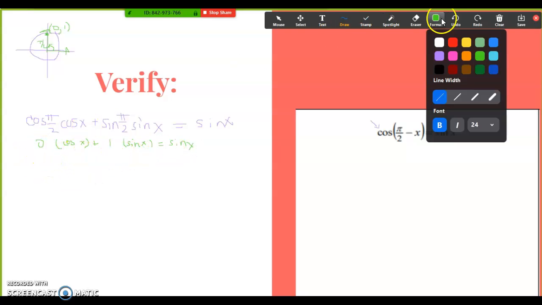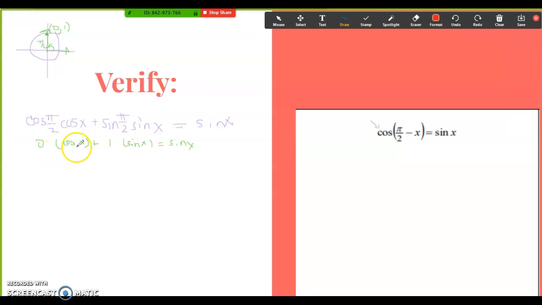So if I simplify this, 0 times anything is going to be 0. So this is just a 0. And then I would have plus 1 times sine of x. Well, that's just sine of x. And of course, I would end up with sine of x equaling sine of x. So this is verified.